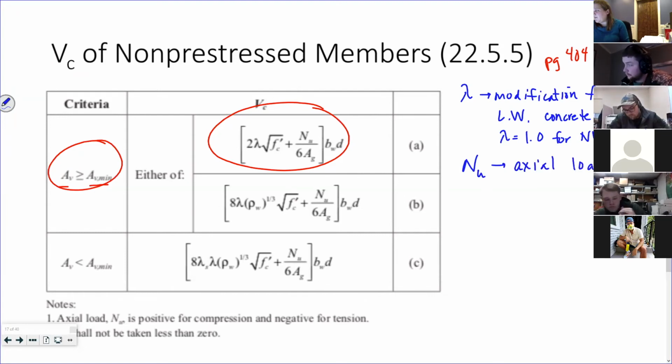If you have an axial load, you get to have more concrete strength. Ag is your gross cross-sectional area.